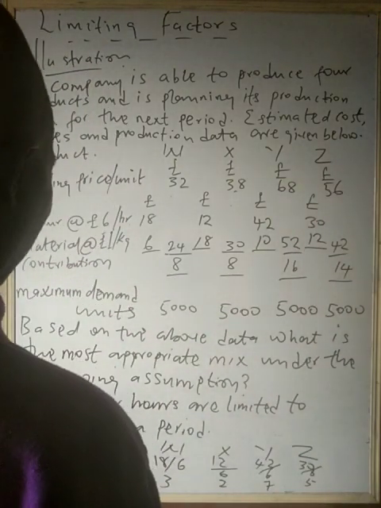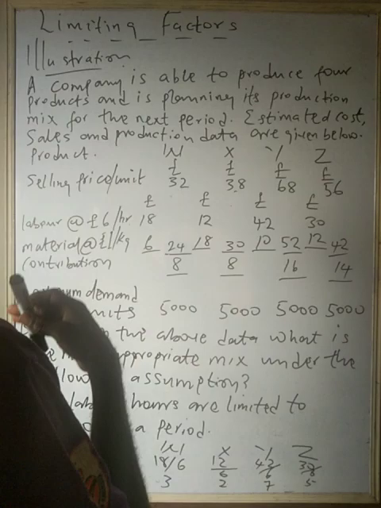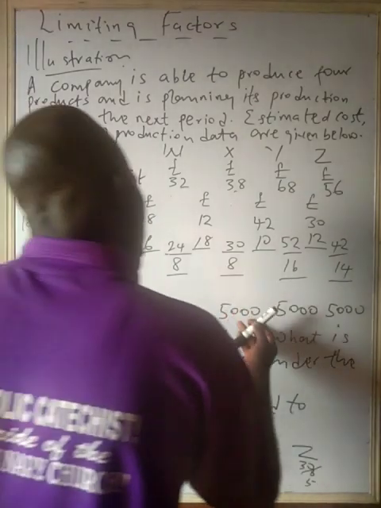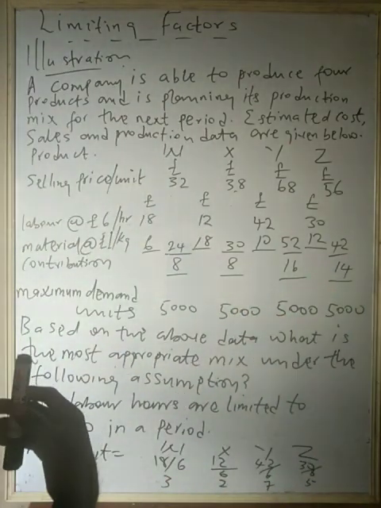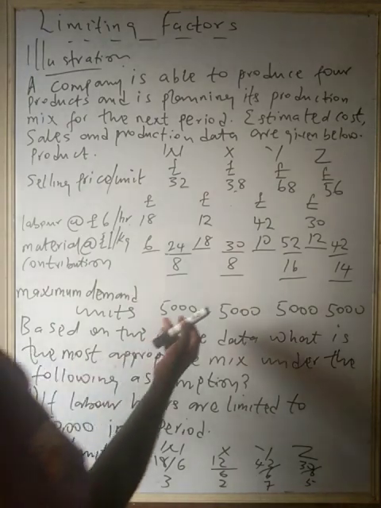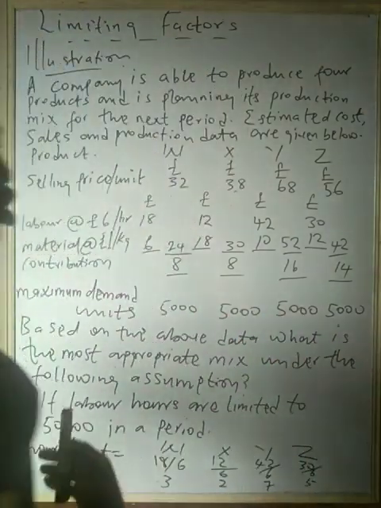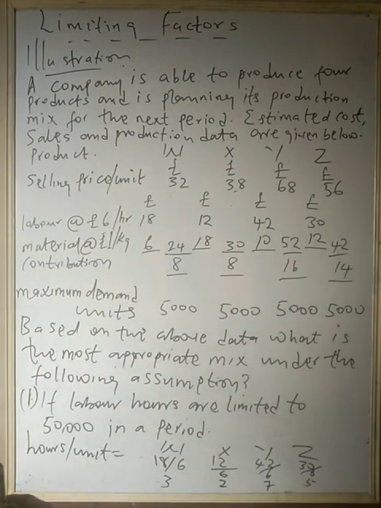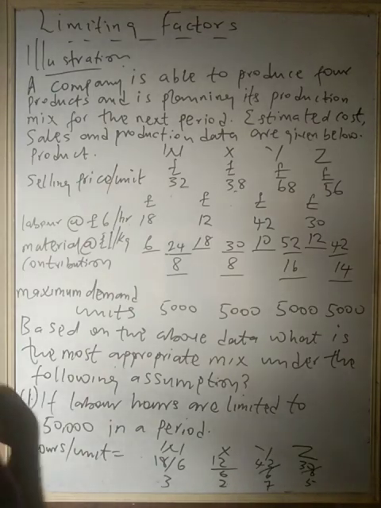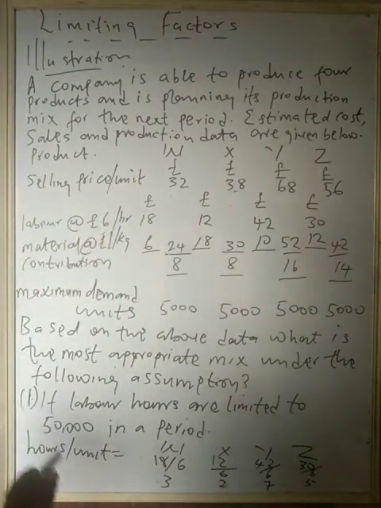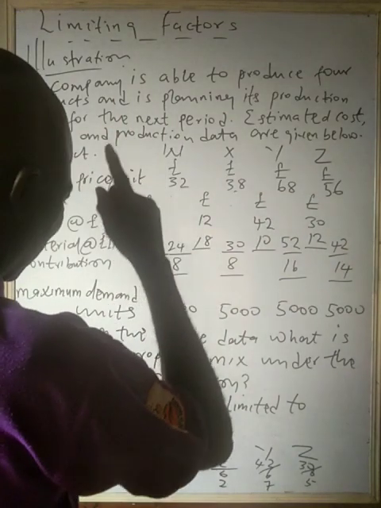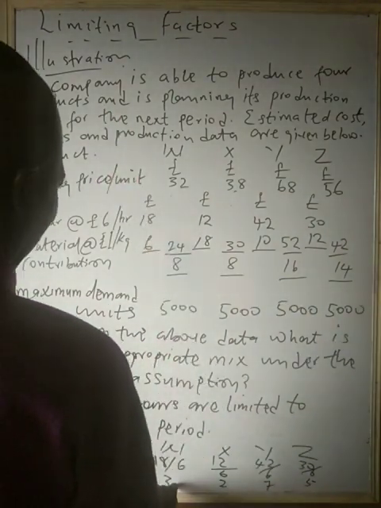Because you are going to use labor hours to produce all these units, making 20,000 units. But what about the hours? Look at how many hours is used for product W, for only one unit, we are using 3 hours.